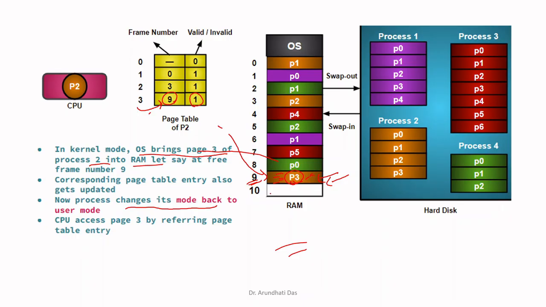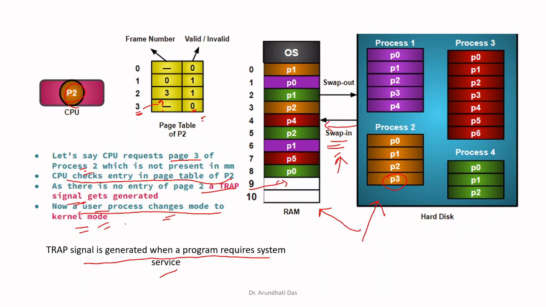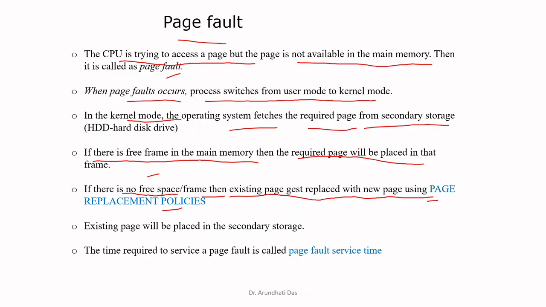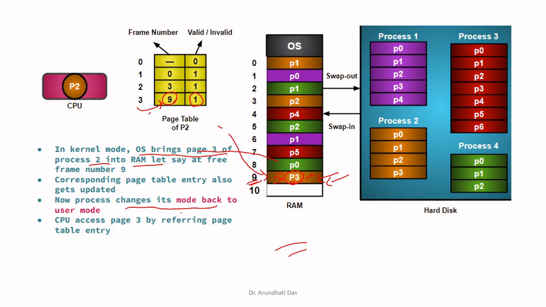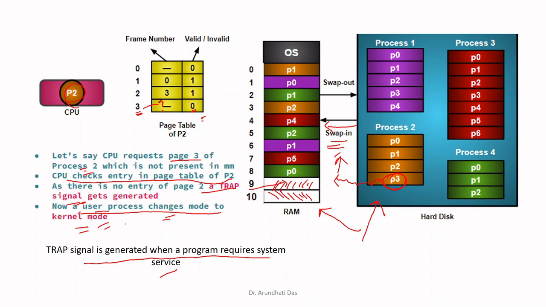Suppose frame number 9 and frame number 10 are also already occupied, and I am bringing in page number 3. Where will I put it, when everything is occupied? I will follow some page replacement policies. People have written lots of algorithms for deciding which particular slot I should give.